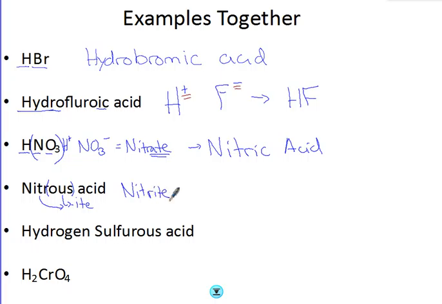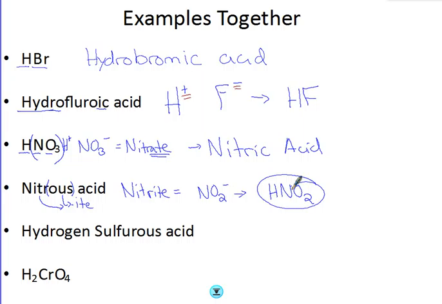Okay, nitrite, and oh, look at that. My nitrite ion is an NO2 minus. Okay? And then I know I'm balancing it out with an H plus, so 1 minus, 1 H plus, I can write it as HNO2. And that's my balanced nitrous acid.